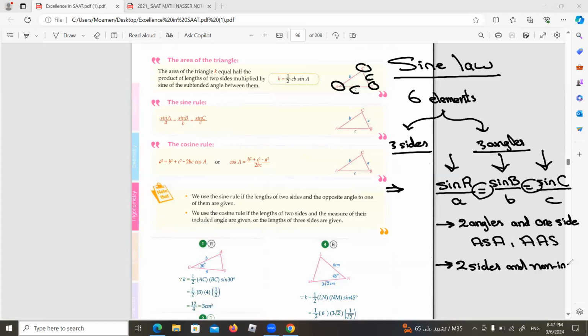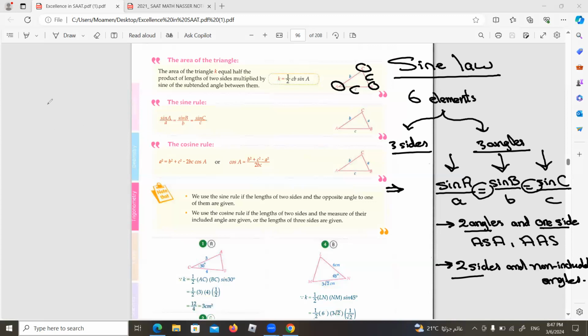It means the angle is not between the two sides. So if we have two sides and the non-included angle, or if he gives me two angles and one side, even if the side is included or outside, there is no problem. We will use the sine law. Even if the missing is an angle or a side, we can find it. How we can find it, we will see now.